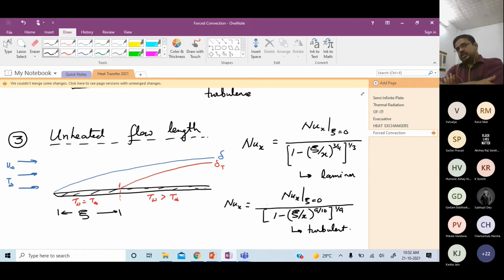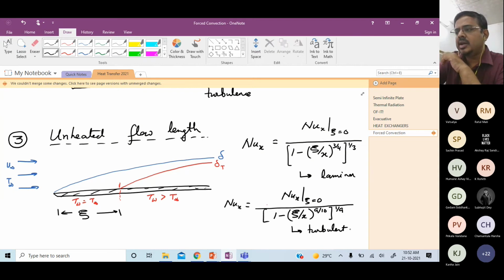Next, you calculate whether the flow is laminar or turbulent: calculate the Reynolds number. Third thing, what is the boundary condition? Isothermal, isoflux, unheated flow length. So all these things you have to check before choosing the appropriate correlation. Clear?